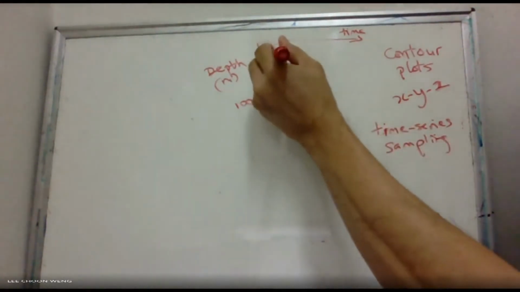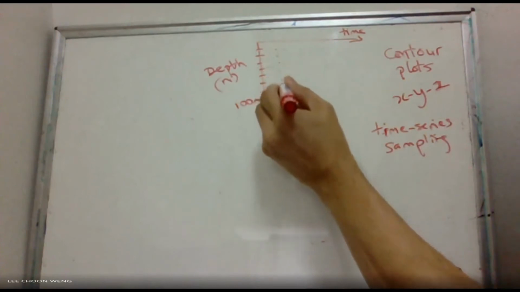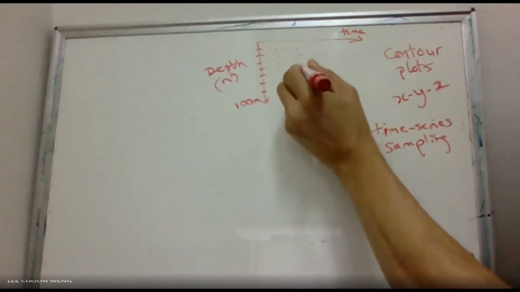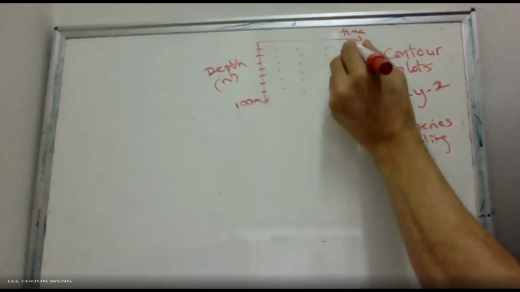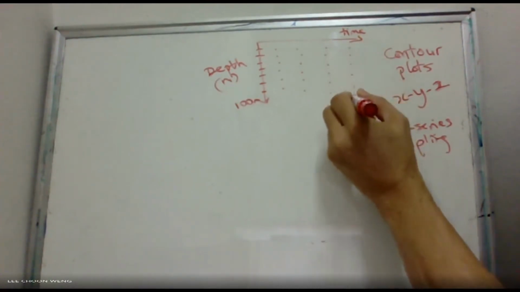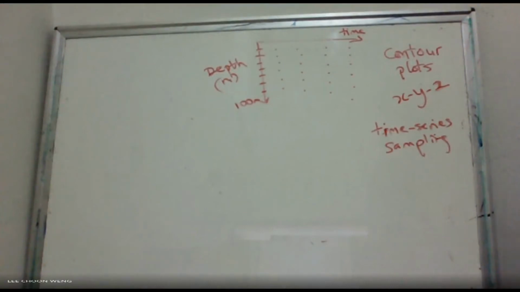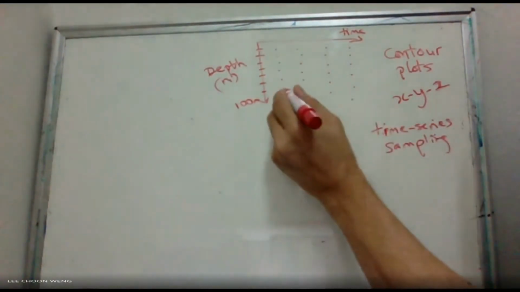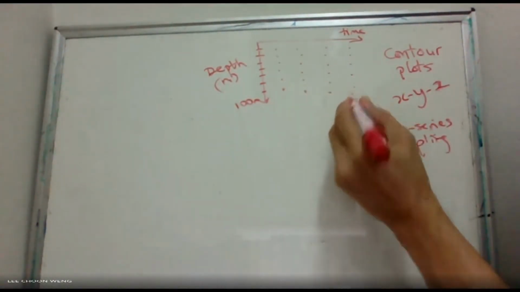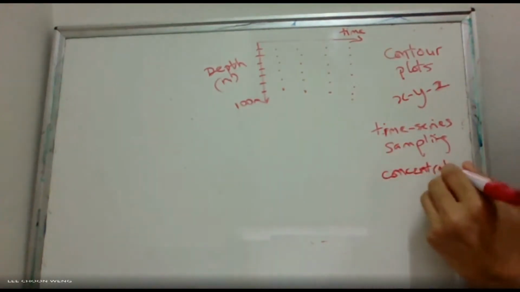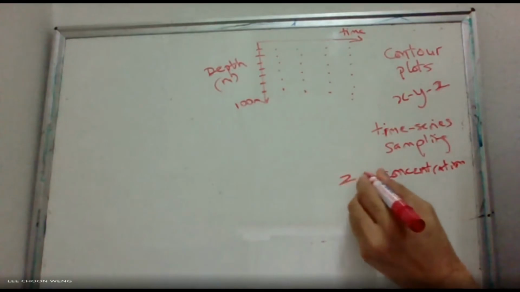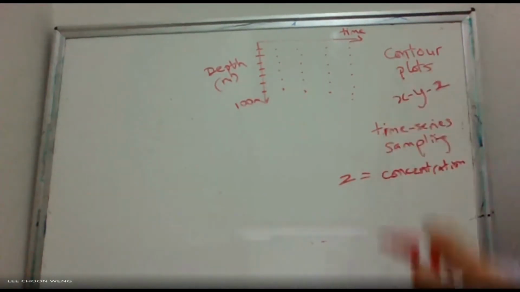Okay, so we'll have points here. These are all the samples that we have collected. And at each point, there will be a concentration. So your Z is the concentration of the parameter that you're measuring.